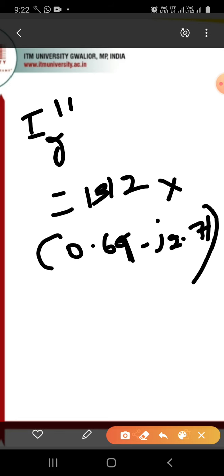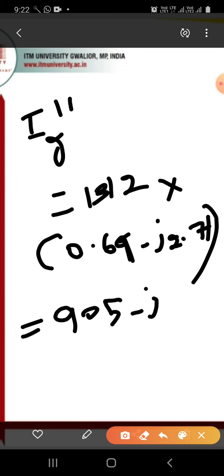After calculating it will come as 905 minus j 3550, and the unit of current is ampere. So Ig double dash is coming as 905 minus j 3550 ampere.